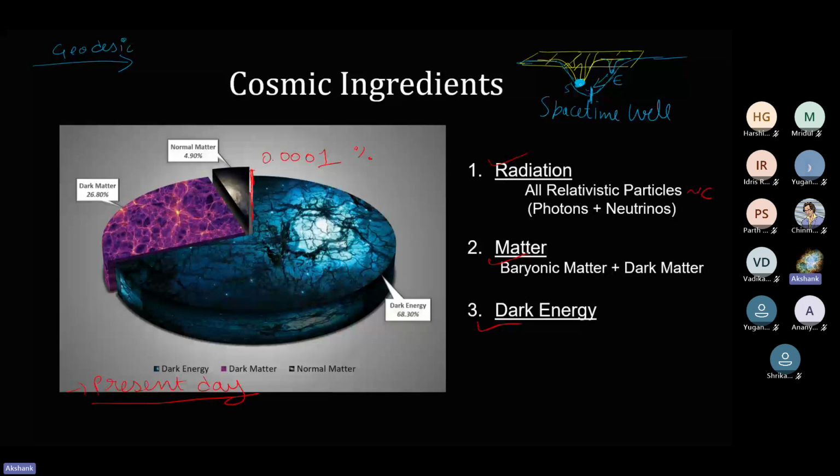This is basically how it's explained, that all particles must move along the geodesic, and that geodesic is defined by the curvature of spacetime. So matter is curving spacetime, that curvature is causing a new geodesic, and that particle tries to move along that geodesic.